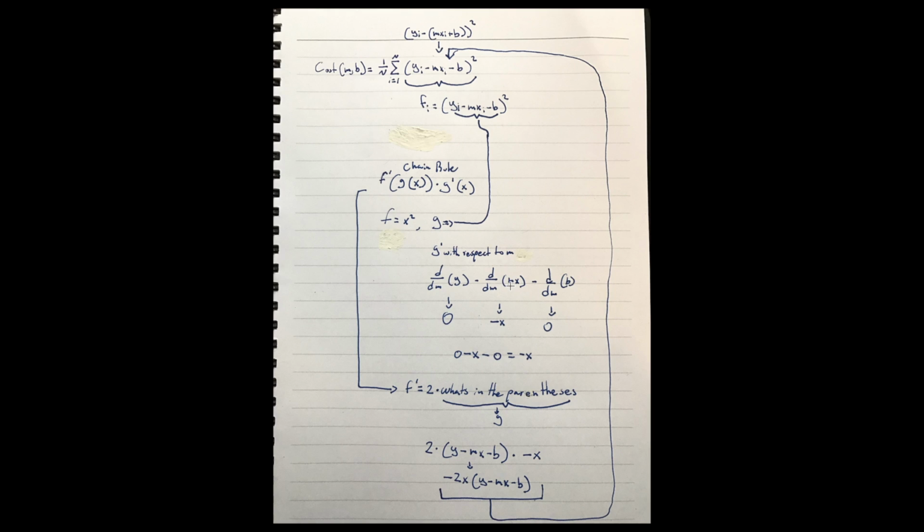With respect to mx, it's going to be x, because that's another rule. And with respect to b, it's going to be 0. So 0 minus x minus 0 is just negative x.